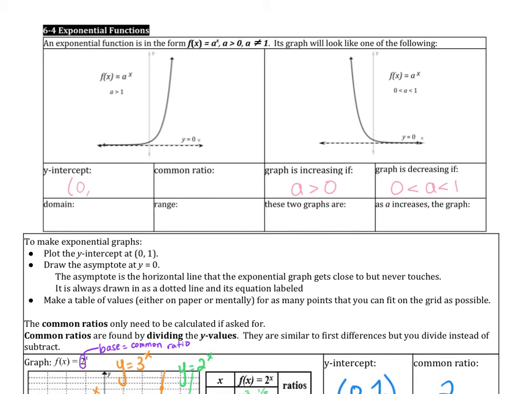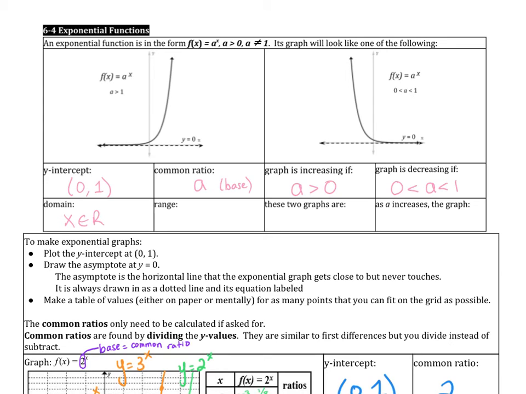The y-intercept will always be at (0, 1). The common ratio will be whatever the base is. The domain will always be x ∈ R because the graph will be going to the left and to the right.